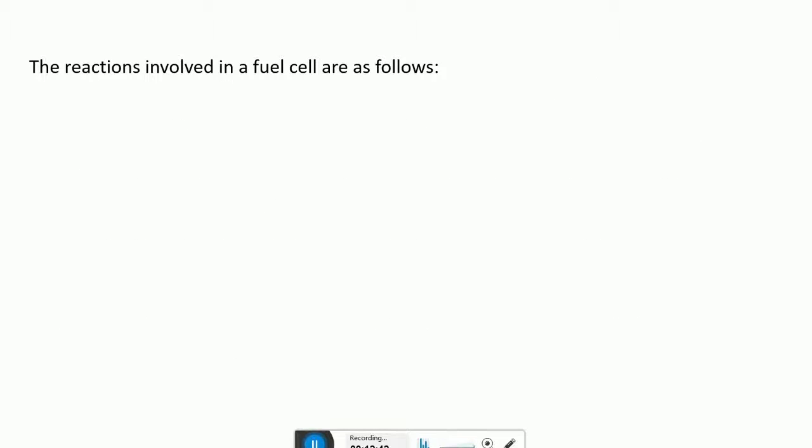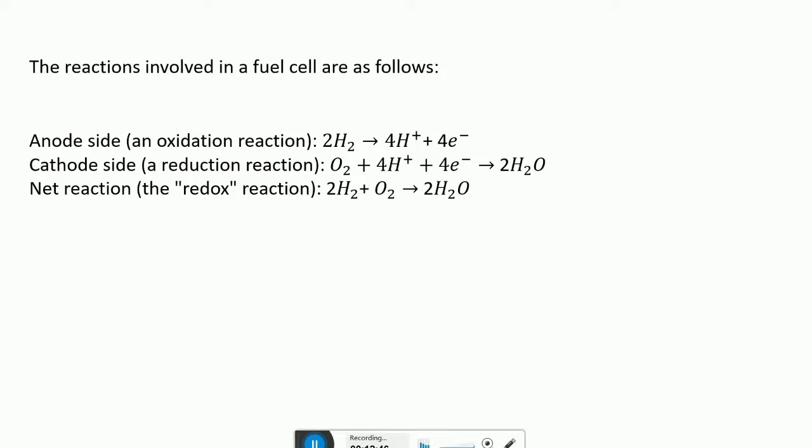The reactions involved in a fuel cell are shown here. On the anode side, an oxidation reaction takes place. So at the anode, 2H2 gives 4H+ plus 4 electrons, and on the cathode side, a reduction reaction takes place.